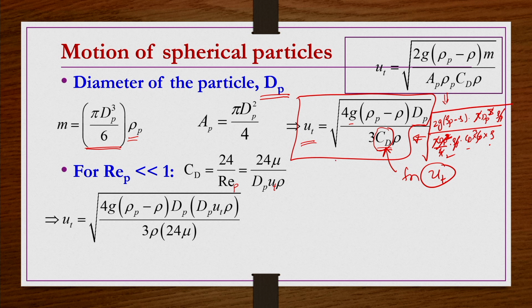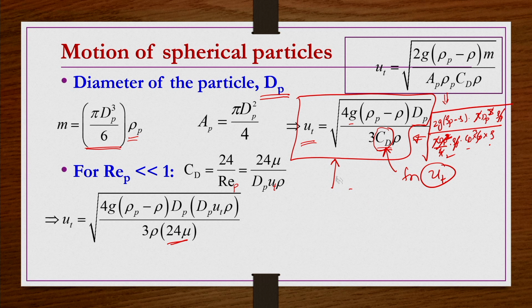So now in this equation, in place of CD we have to write 24 mu divided by dp ut rho, this we have to substitute here. When you substitute here 24 mu divided by dp ut rho, we have taken it up in the numerator. So now you further simplify it.